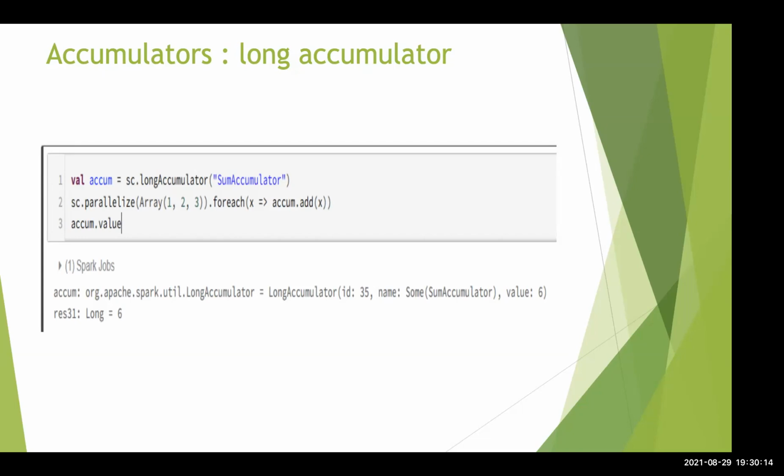In one of my processing jobs I wanted to know how many records have an amount greater than 10,000. It was just for my information, not for business logic. So I used an accumulator there, and whenever I found a record greater than 10,000, I would call accumulator.add. In the driver code, I could print the accumulator value.